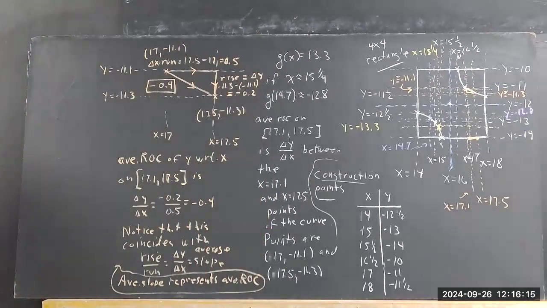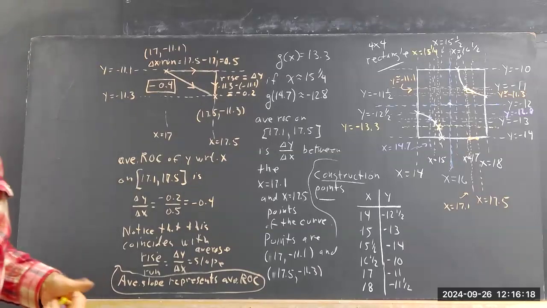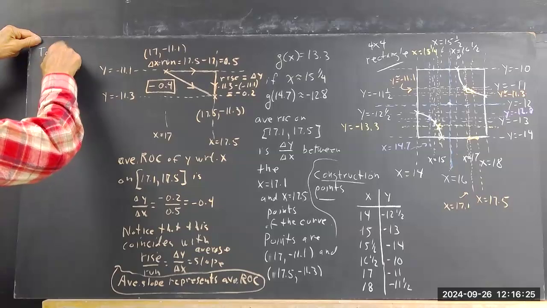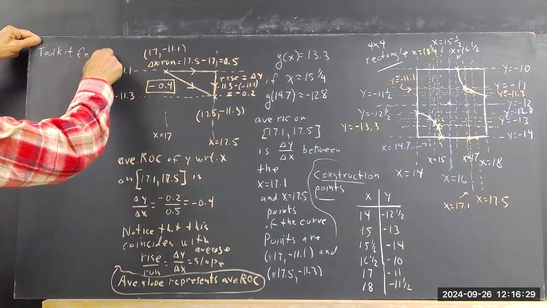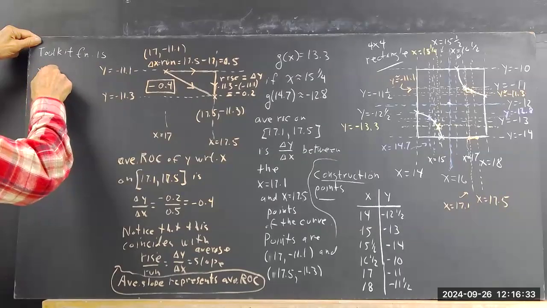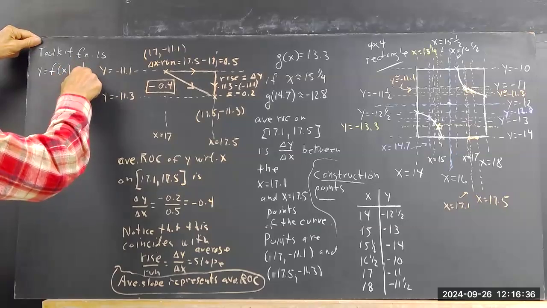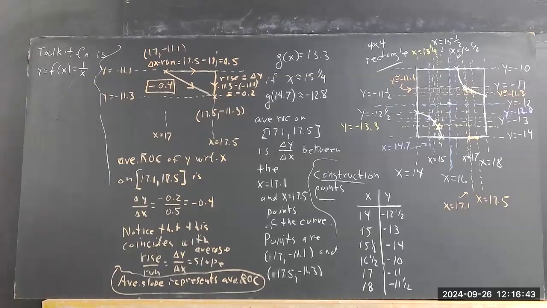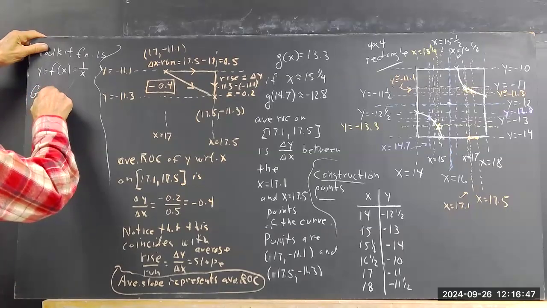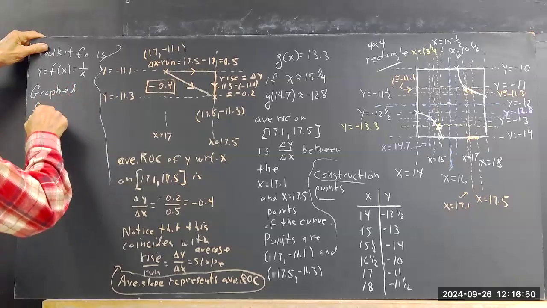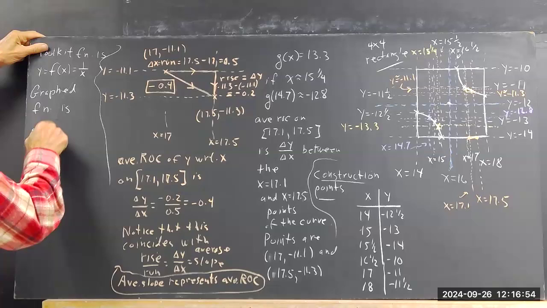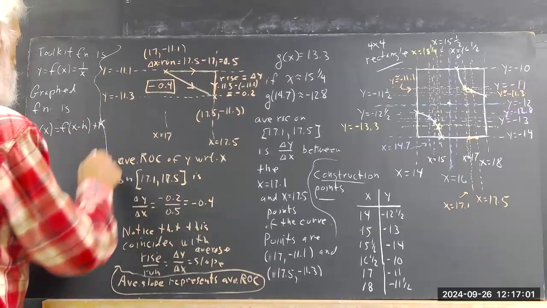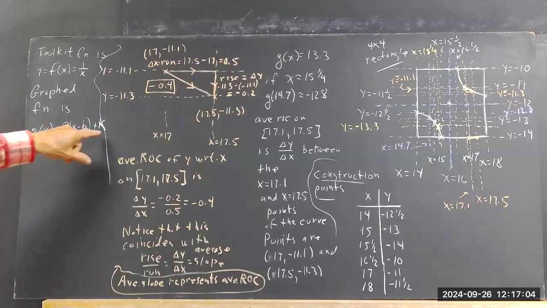Okay, so first of all, you have to know, of course, the formula for the negative reciprocal function. The formula for your toolkit function graph function is f of x minus h plus k.